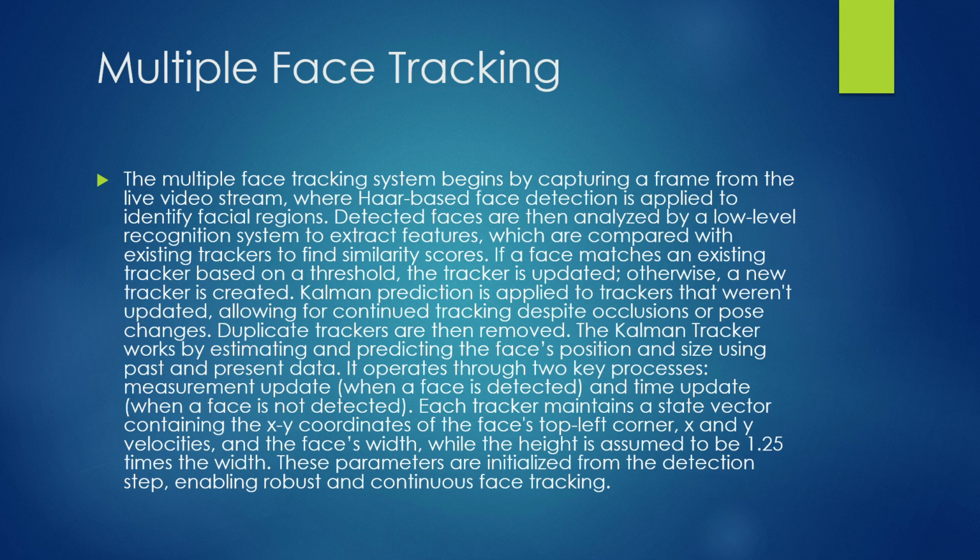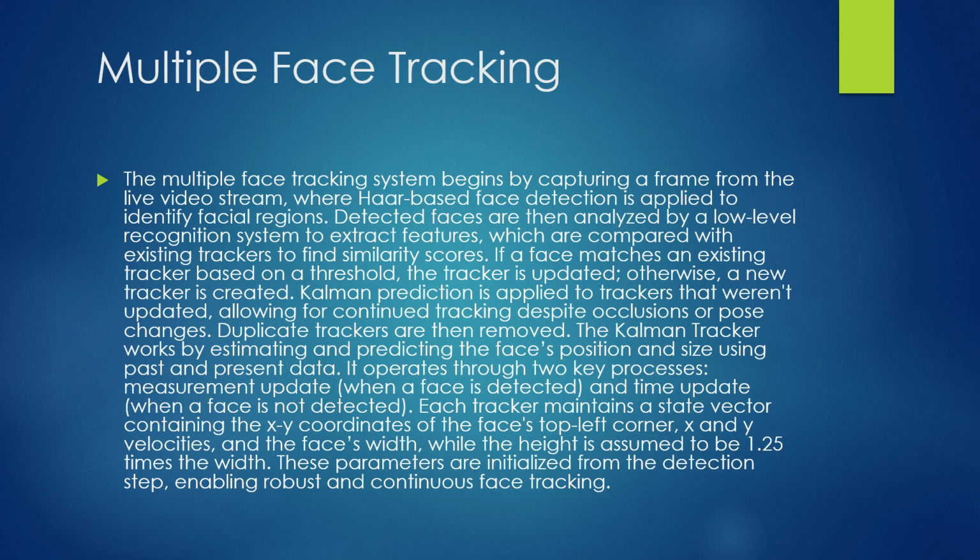If a face matches an existing tracker based on a threshold, the tracker is updated. Otherwise, a new tracker is created. Kalman prediction is applied to trackers that weren't updated, allowing for continued tracking despite occlusions or pose changes. Duplicate trackers are then removed.